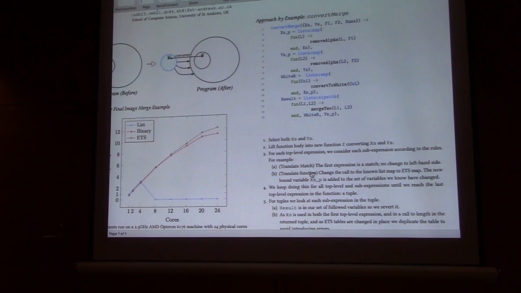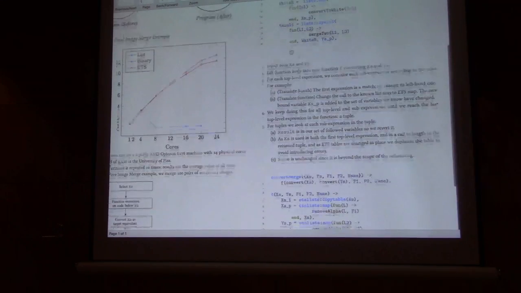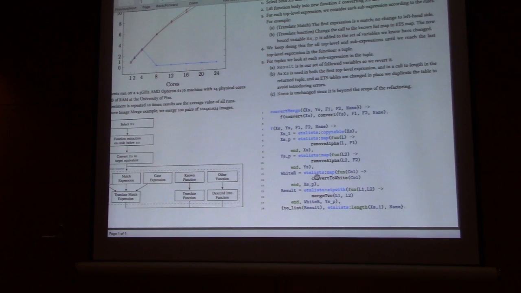So what is an XList? It's a table, but what are the keys? Sorry, where? After the transformation, where we use an XList. Yes, that's a library for replicating the same behavior we get from lists with ETS tables. It's like implementing an abstract data type for lists on top of ETS tables, so that we can do this transformation.